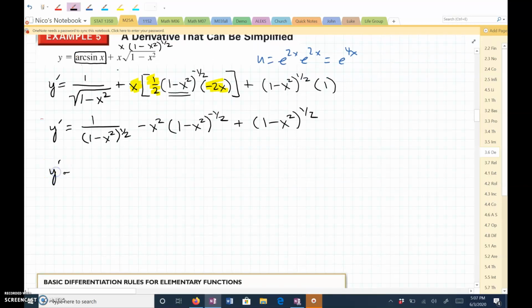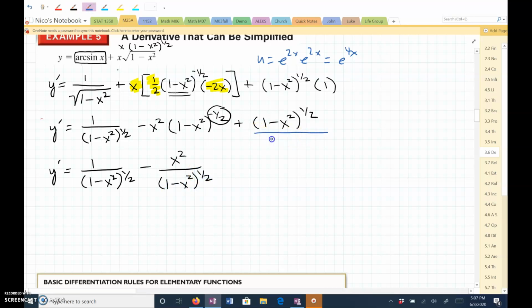Then let's see if I can come up with a common denominator. 1 minus x squared to the 1/2 power minus, I'm going to write this as x squared, and since this is a negative exponent, I'm going to bring this down here and make this 1 minus x squared to the positive 1/2 power. And then if I want this to be 1 minus x squared to the 1/2 power, I have to multiply the numerator by 1 minus x squared to the 1/2 power as well, because that's the same thing as multiplying it by 1.